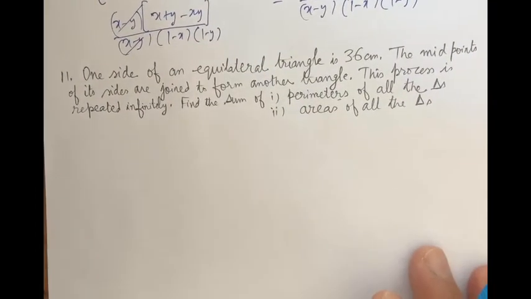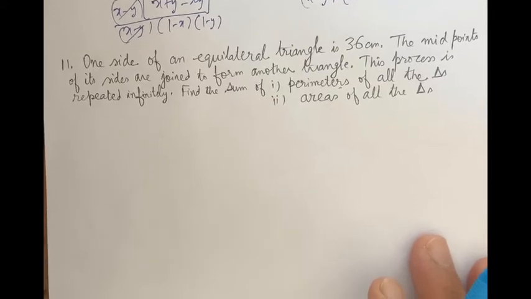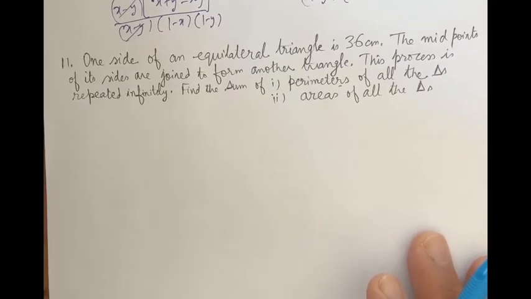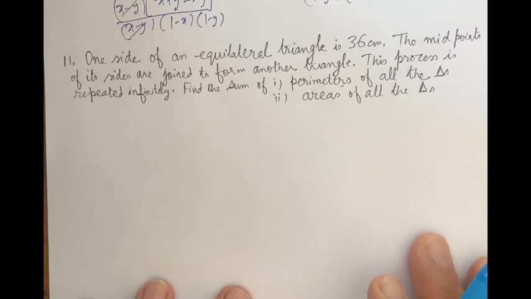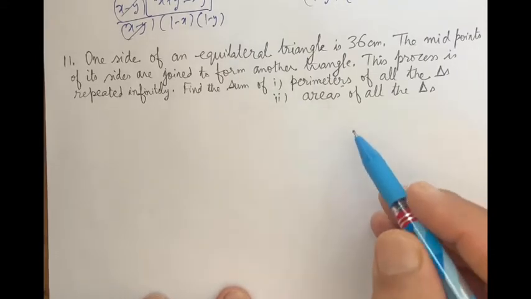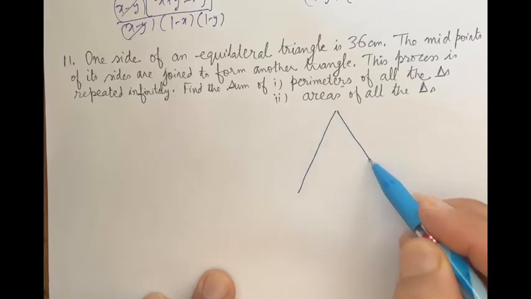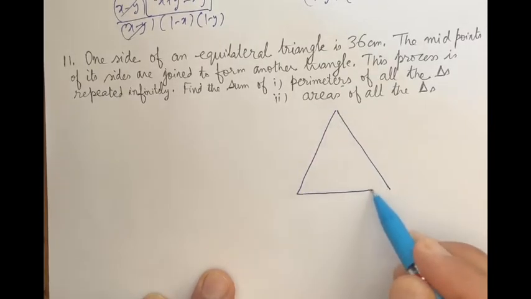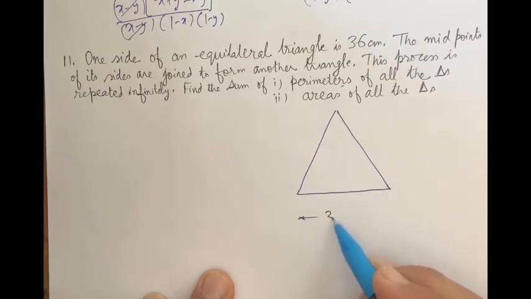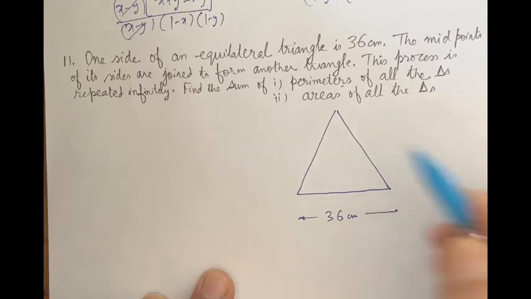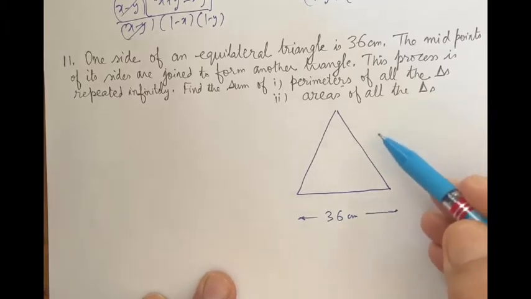Next, we are given an equilateral triangle whose side is 36 centimeters long. So let's say this is the equilateral triangle and each side is 36 centimeters.